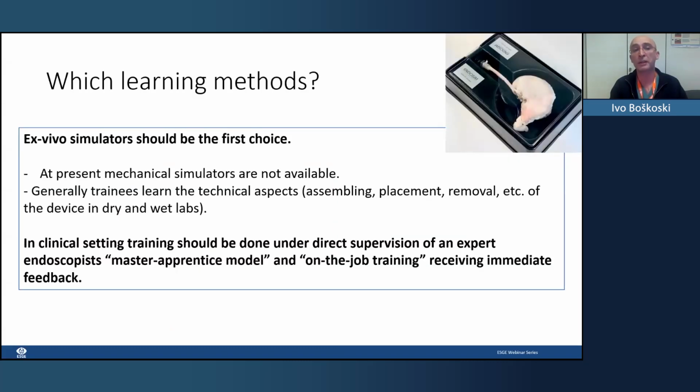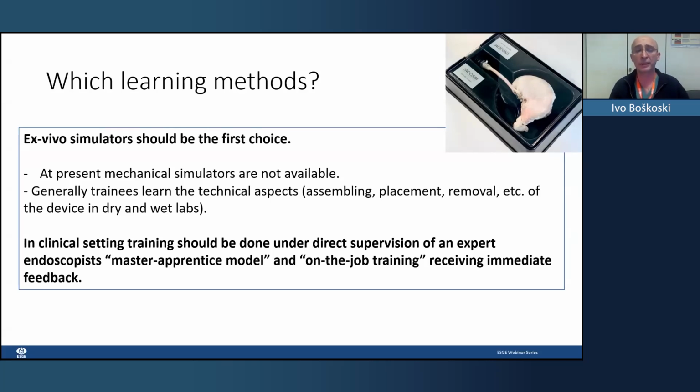So which learning methods? Of course, we do not have mechanical simulators currently for this kind of treatment. Ex vivo simulation should be the first choice. Mechanical simulators are not available. Generally, trainees learn the technical skills and technical aspects, assembling, placement, removal, and so on, in wet labs or dry labs.